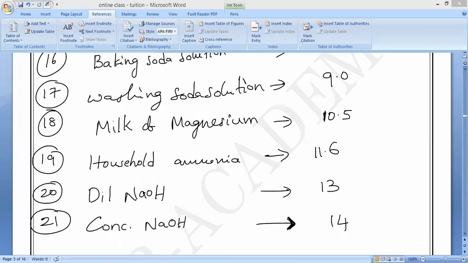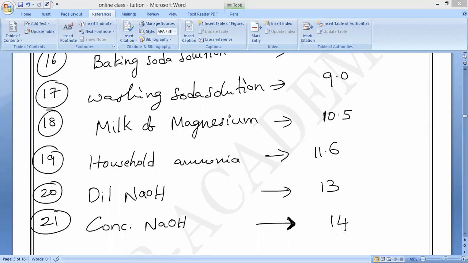Next one, tap water. Normal tap water, correct? Is it above or below 7? It varies. If it is higher than 7, it's alkaline. If it is less than 7, it's acidic in nature. It depends upon the area, so tap water is not the same in all places. The water in Malaidi is different, and near the bus stand the water is different.